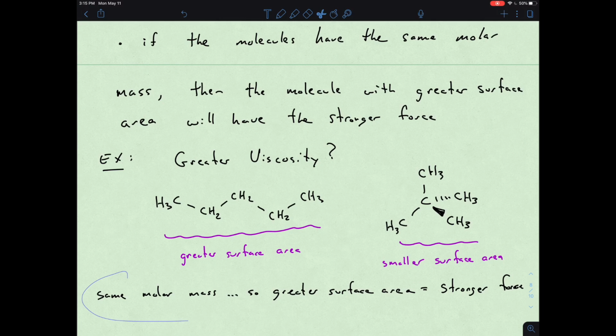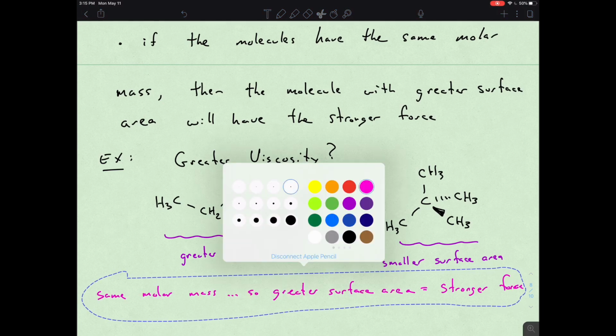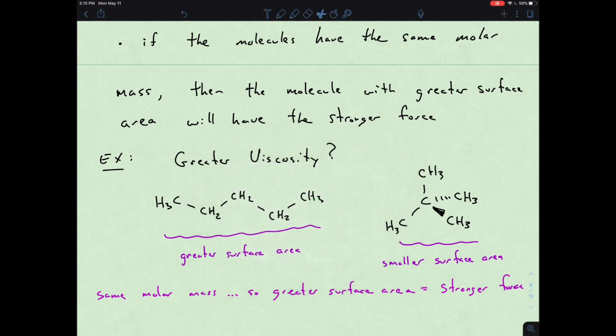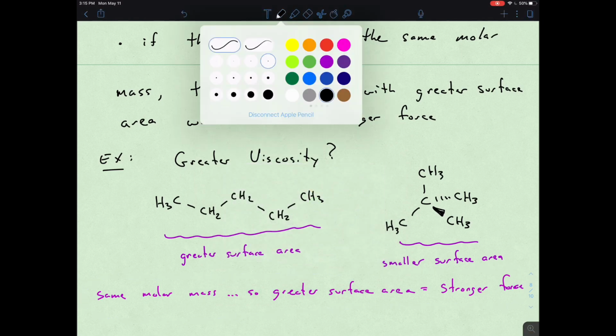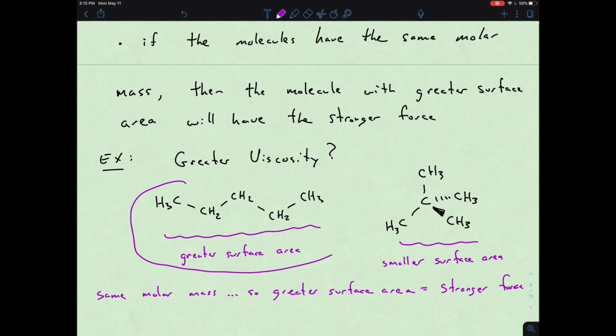So that is the last force, but we still have a little bit more to talk about in terms of the last two comparisons, in terms of the dipole-dipole and the dispersion.